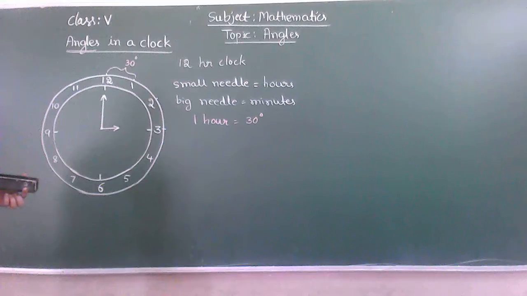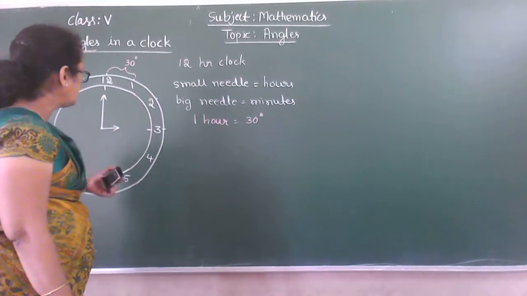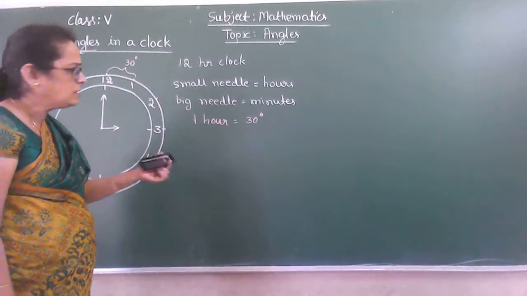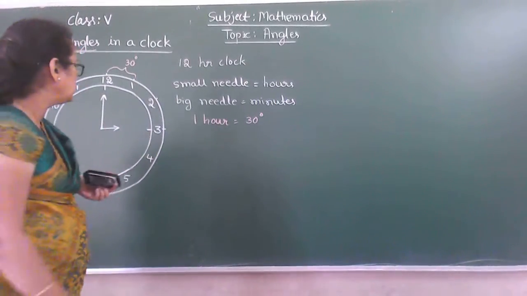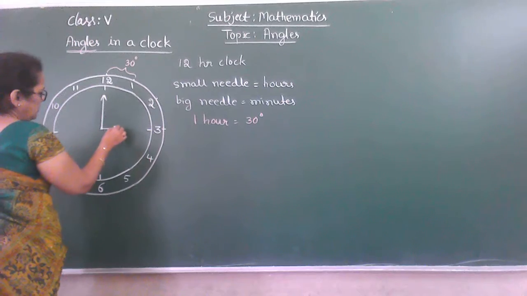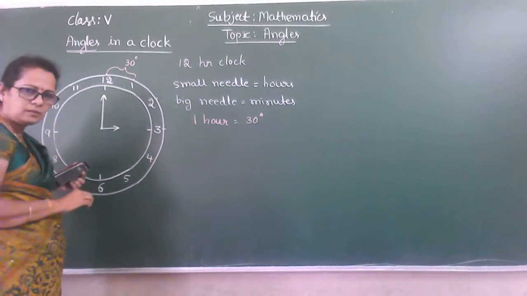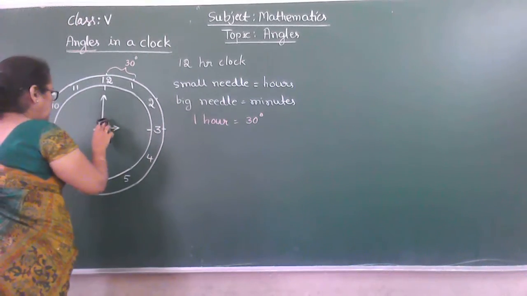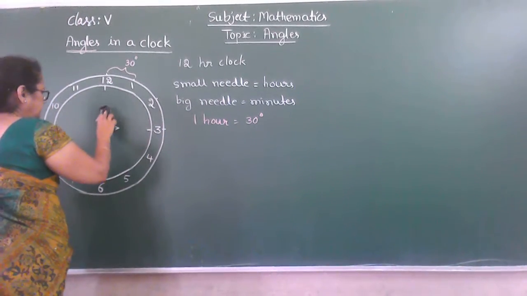Now, suppose they ask how many degrees between 3 hours and 30 minutes. See here, the clock is showing 3 o'clock. Now I will change the needle.